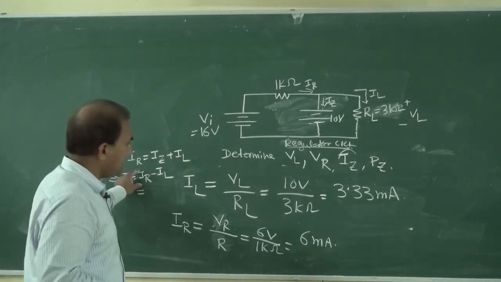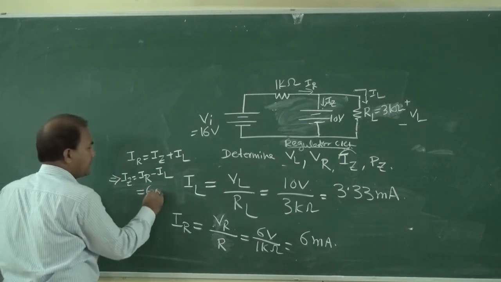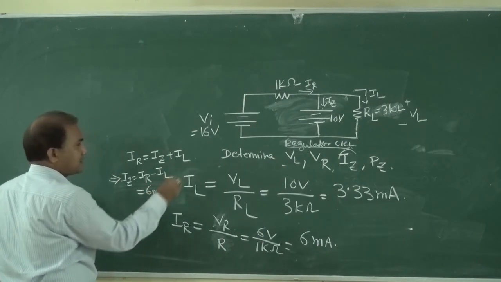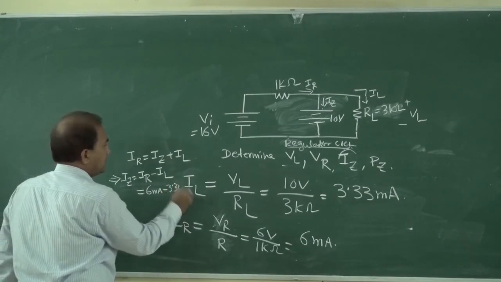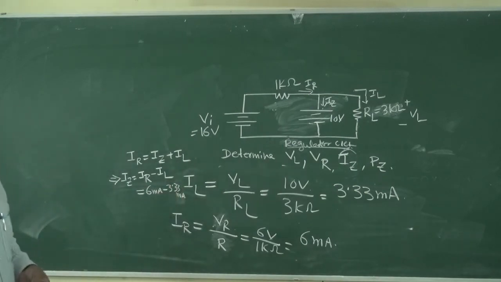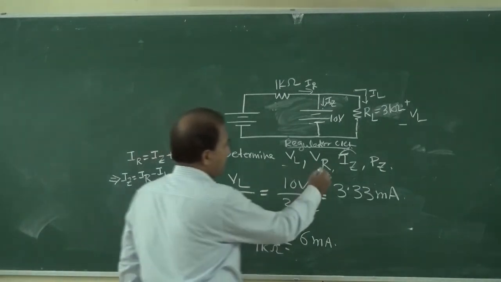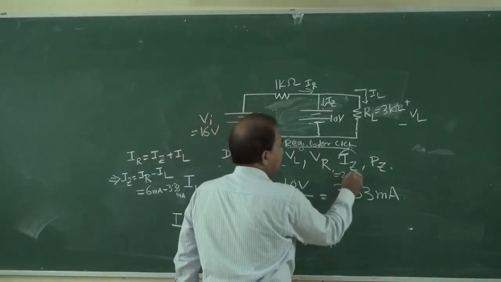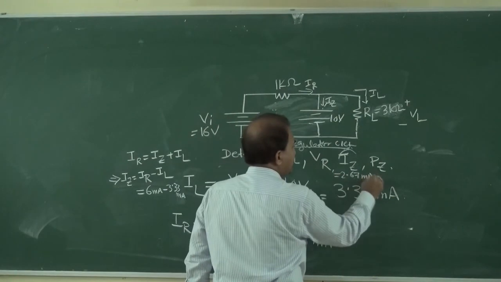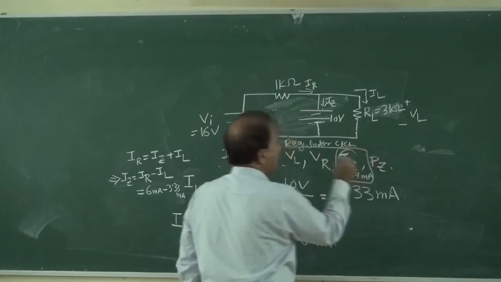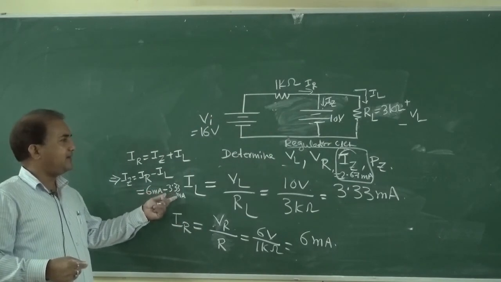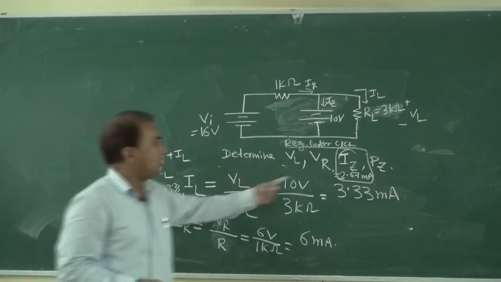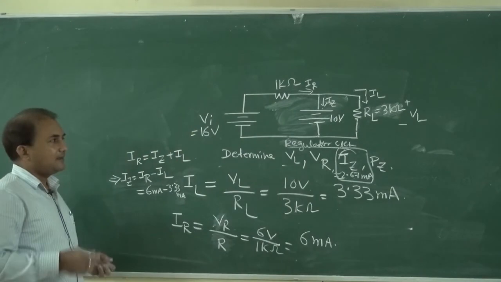So IR is 6 milliampere minus 3.33 milliampere. So Iz is equal to 6 milliampere minus 3.33 milliampere, which is equal to 2.67 milliampere.